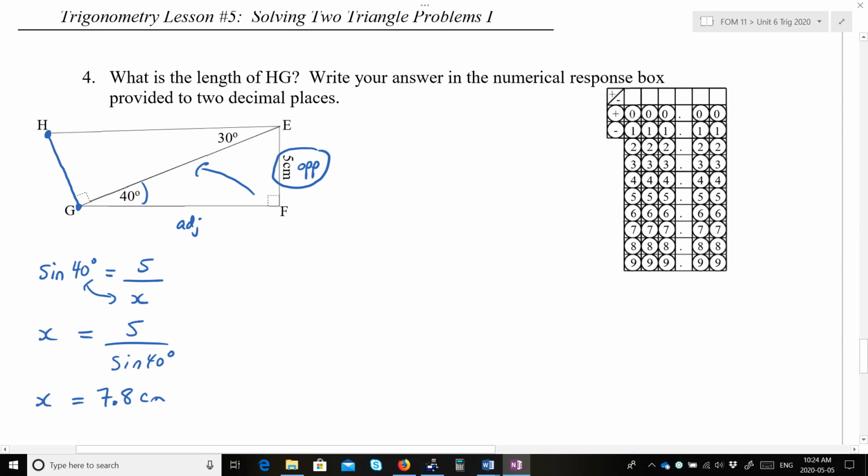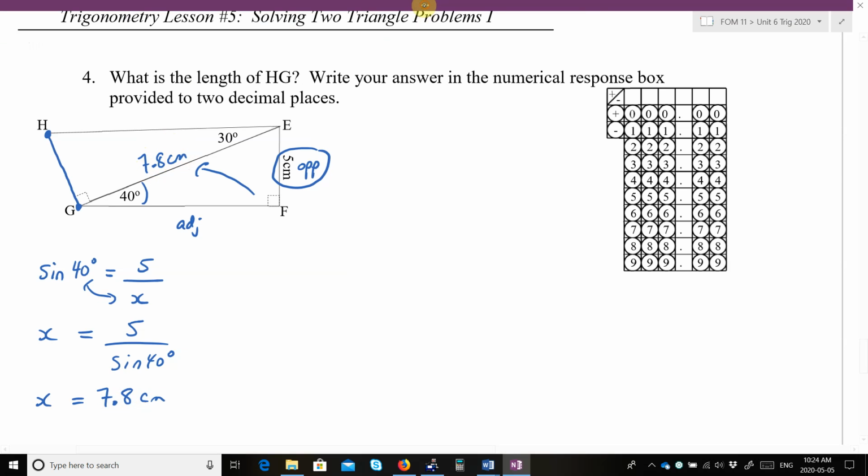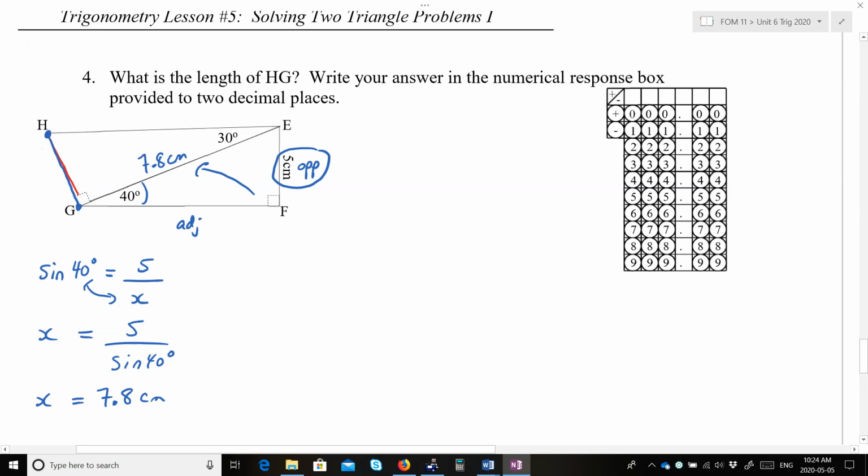So now I am going to replace this with 7.8 centimeters, and I'm going to use this triangle here. We have that angle. Right across from the angle is the opposite. That's the side we're trying to find actually now, right? HG, so we'll call that y.